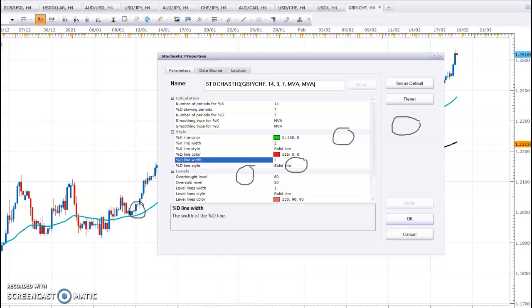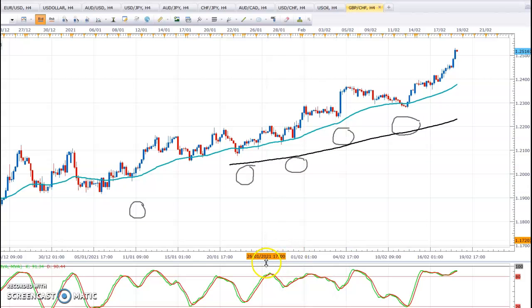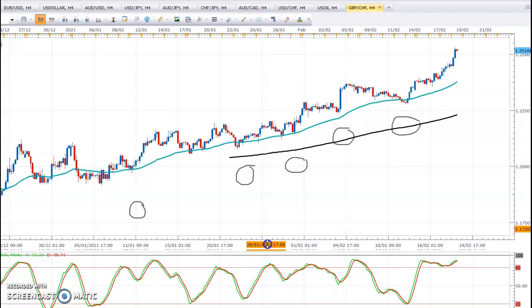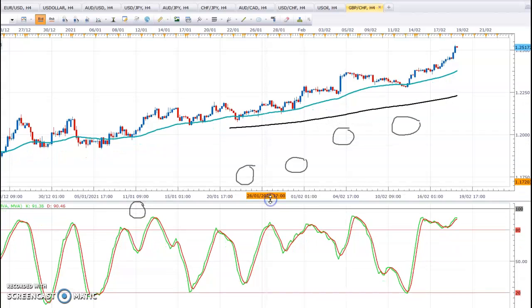So let's have a look at that and see how that looks. So you can see, very simple, but very, very effective, very powerful. We're not waiting for golden crosses or anything like that. We're just simply waiting for the price to move above the blue line.